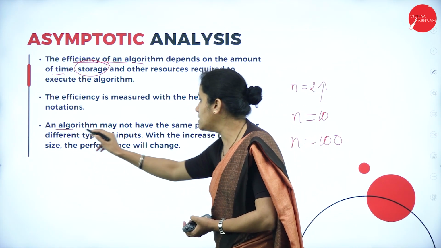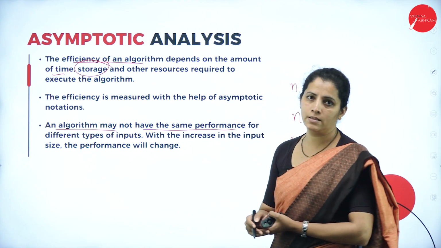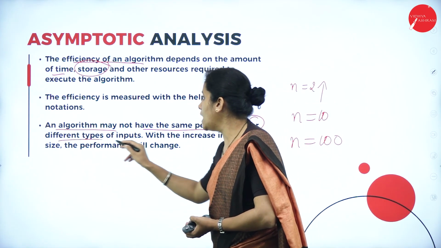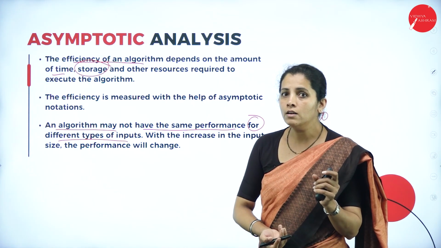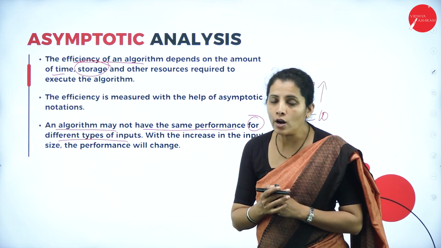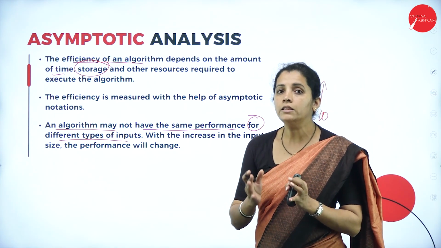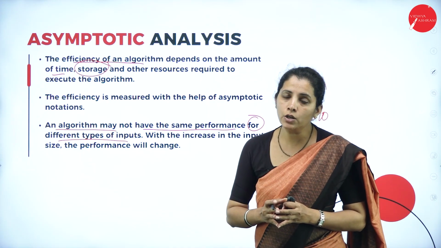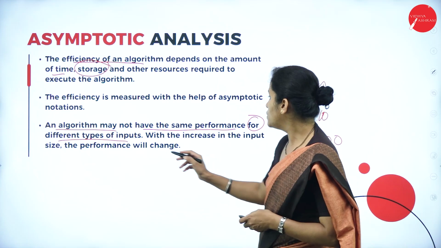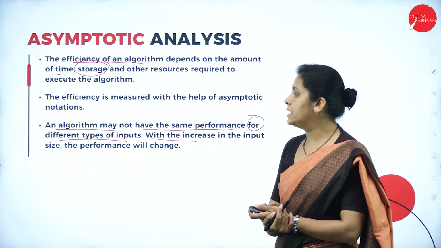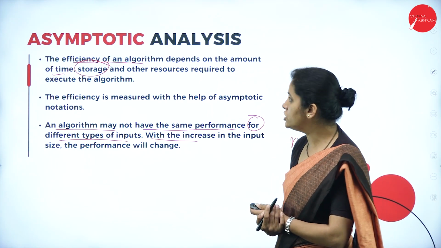An algorithm may not have the same performance for different types of inputs. If the input size is small, the execution speed of the algorithm is high. If the input size is large, then the time required to complete the execution also increases. So, with the increase in the input size, the performance of the algorithm is going to change.